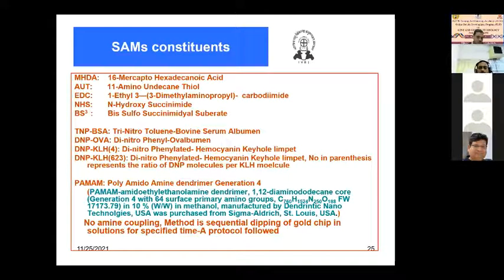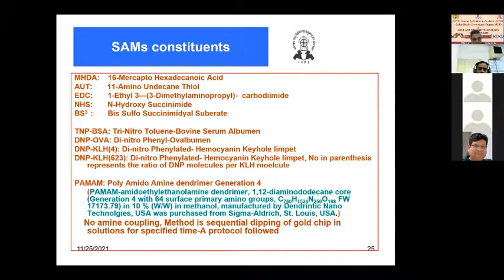These are some of the chemicals that can be used: 16-mercaptohexadecanoic acid, 11-amino undecane thiol. These are the EDC, these are the linkers, the facilitators linking the biomolecules. This is another linker, and we have not only these few. Right now we have three to four more types of linkers for linking different molecules, whether hydrophilic or hydrophobic, depending upon the hydrophobicity of the molecules.